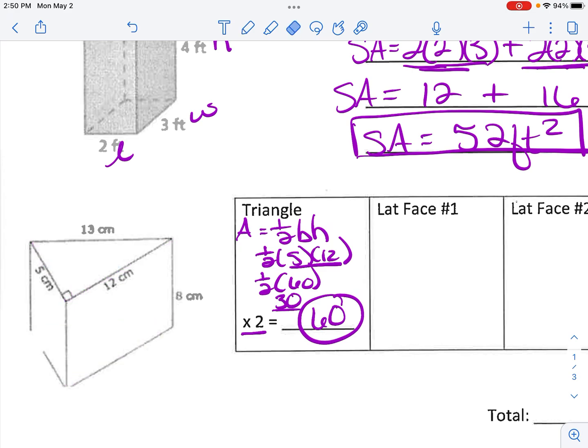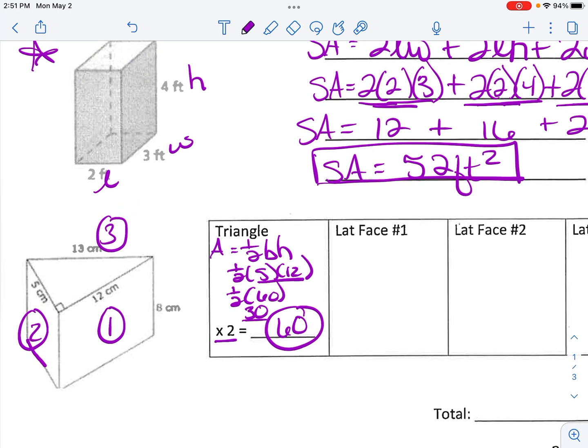Okay. Then we're going to add the lateral faces. So you have one here, we have one here, and we have the one in the back. Lateral face number 1, I have a 12 by 8, which is 96.